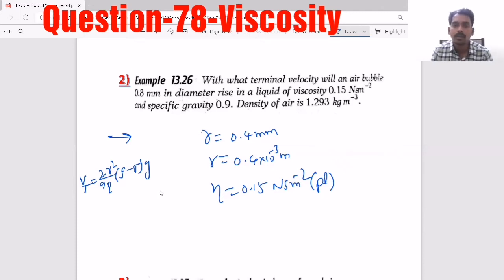Now here it is an air bubble, and it is moving in liquid. It is rising. So here rho is 0.9 gram per cc, because here it is not like a solid in liquid. Here it is like a liquid and gas combination.